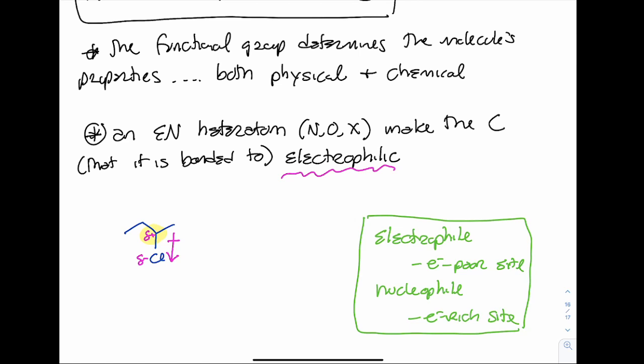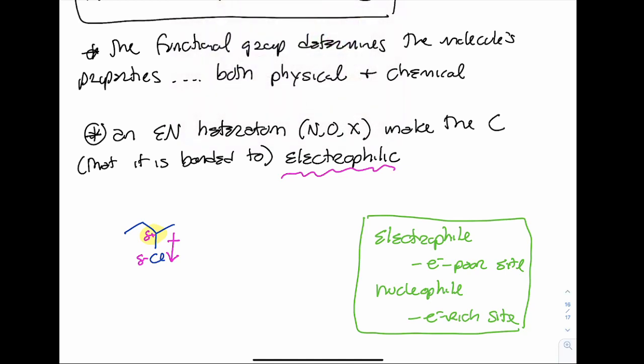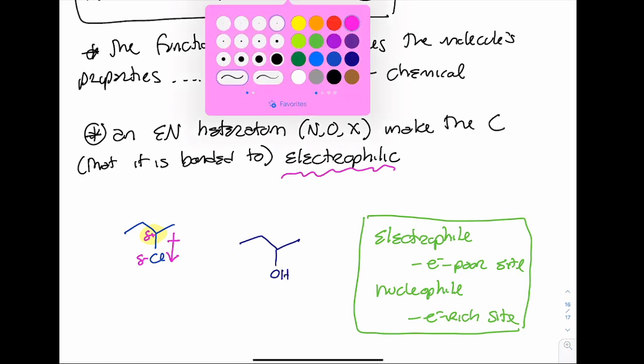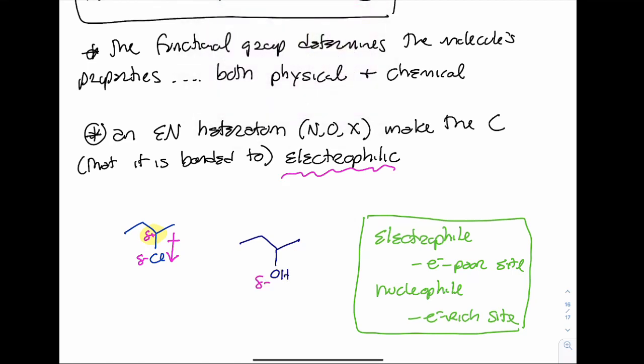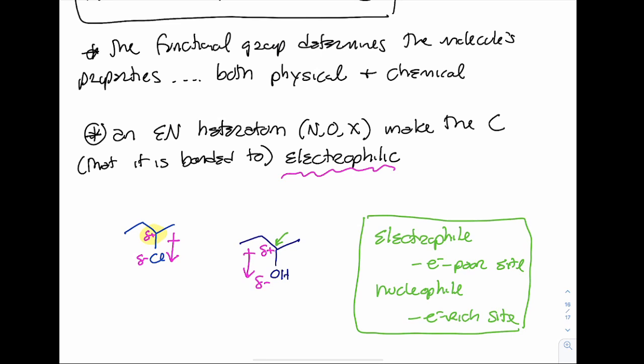Anytime I bond an electronegative heteroatom to carbon, we can do the same thing with an alcohol functional group. Because that oxygen is more electronegative than that carbon, it's making that carbon electron poor. It's making that carbon electrophilic.